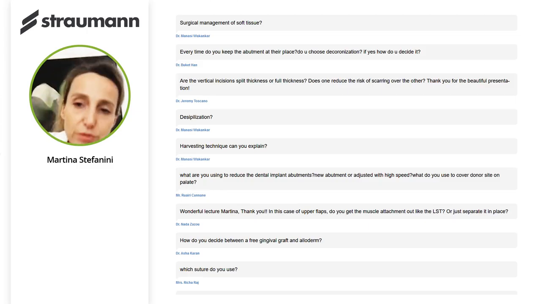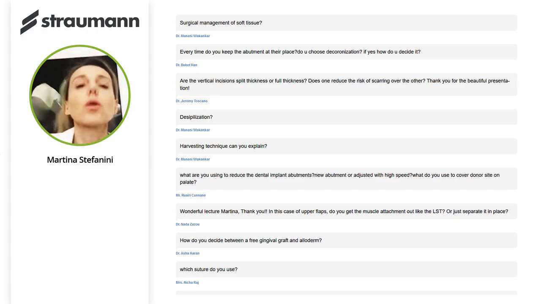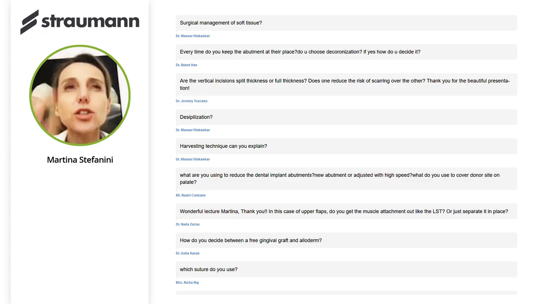Because it's adherent to the underlying periosteum and improves the capability of the patient to brush in this area. In the frontal area, the quantity of keratinized tissue, the height of the keratinized tissue, is in relation to the mucogingival line position of the patient.